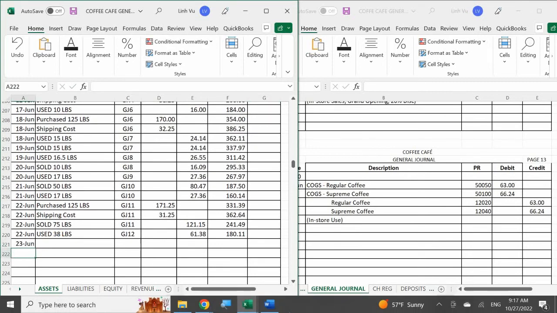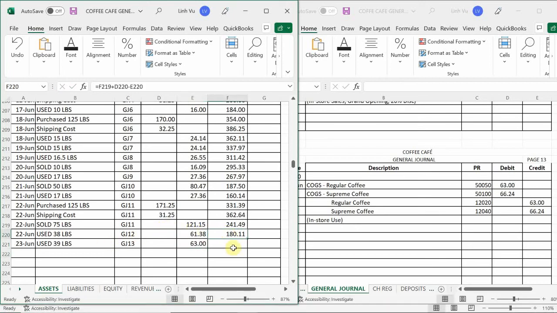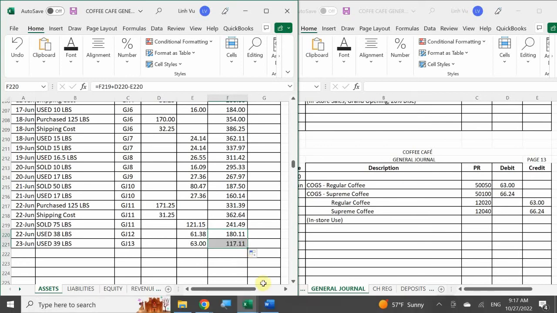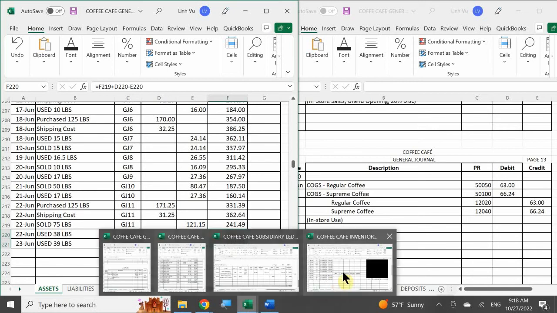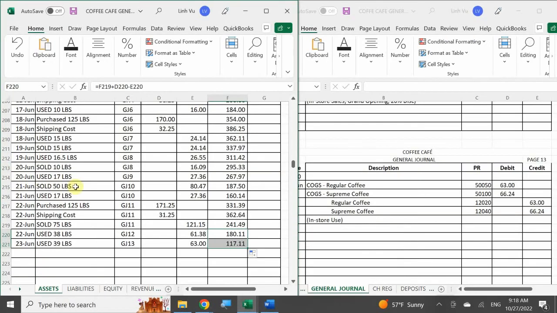Use 39 pounds for $63 even. So that should give me $117.11, which I believe is true, right? $117.11.